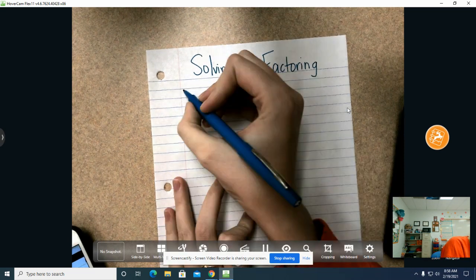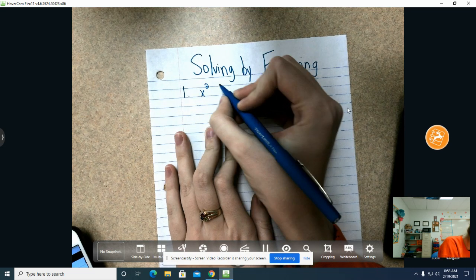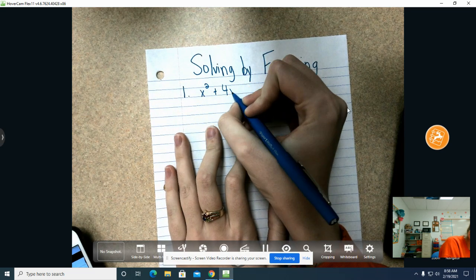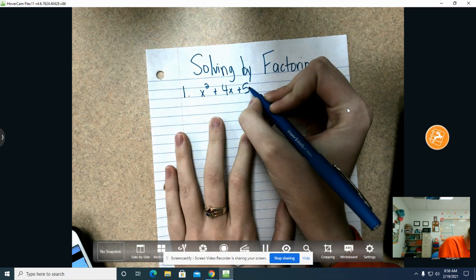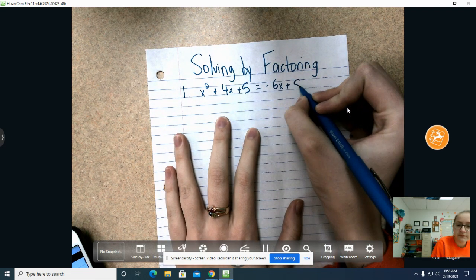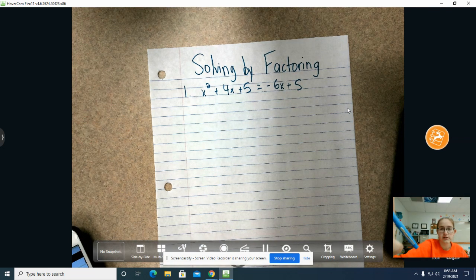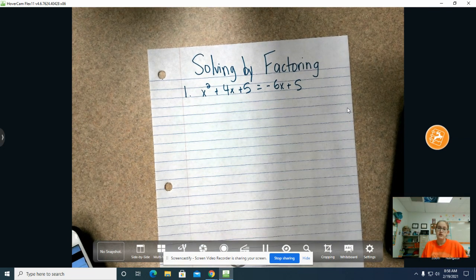So our first example is x squared plus 4x plus 5 equals negative 6x plus 5. We know that we're going to be factoring. Remember, when we're factoring, we're breaking stuff down.